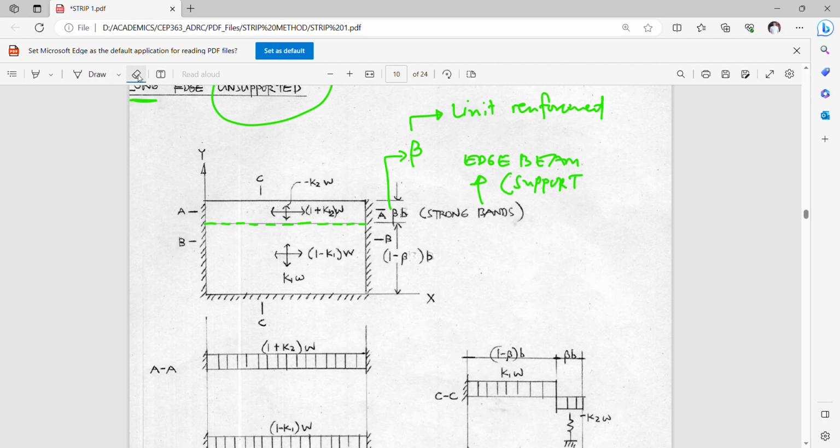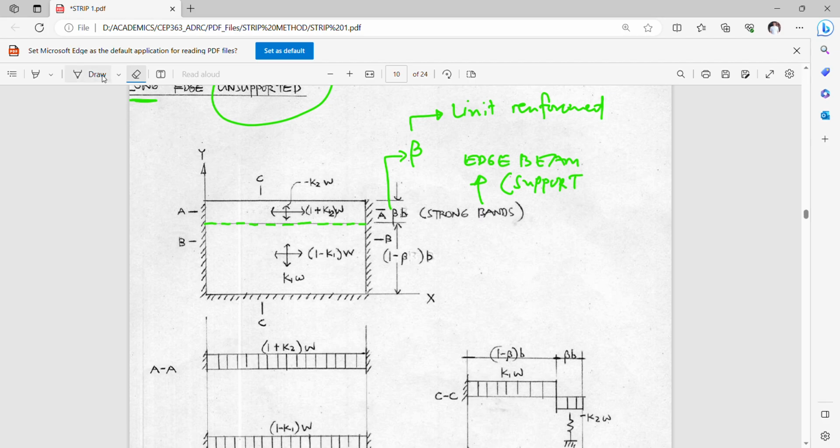Okay, reinforcement ratios will dictate the value of your beta. So we want to keep it as low as possible to ensure, of course, a ductile behavior in case we are considering a behavior or failure modes beyond elastic.